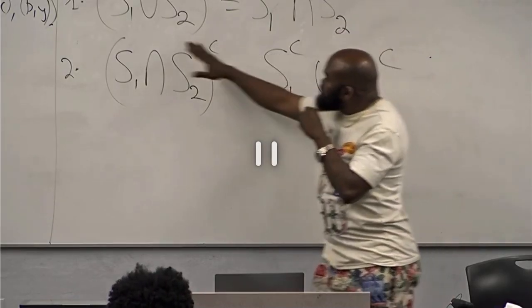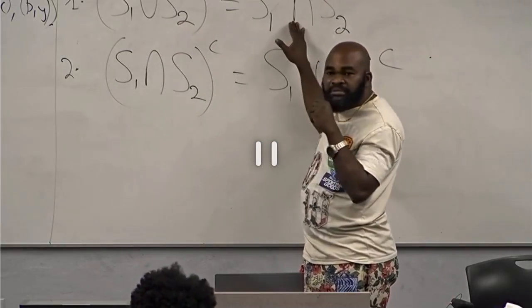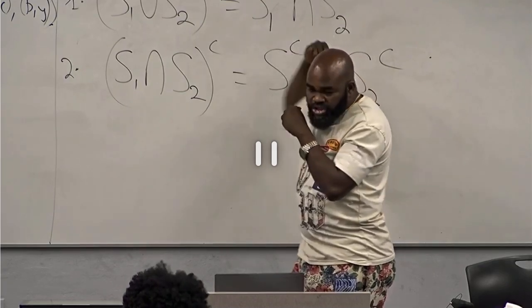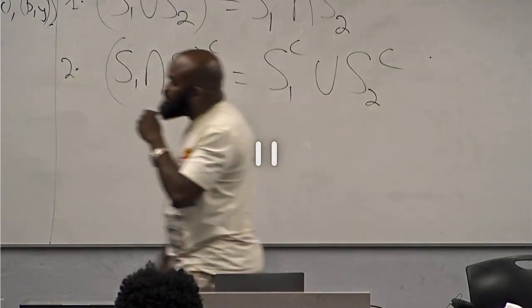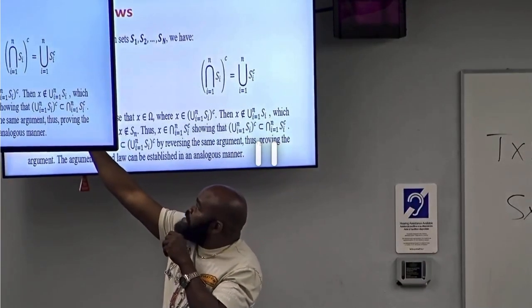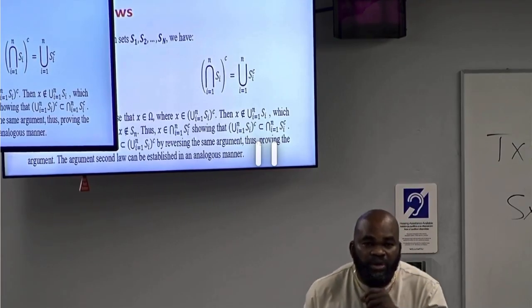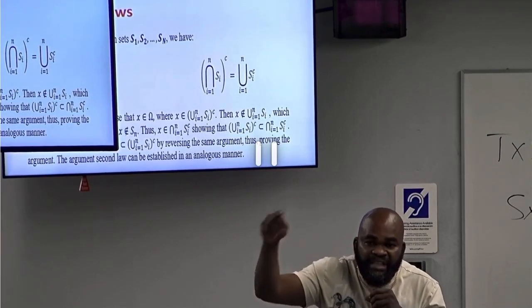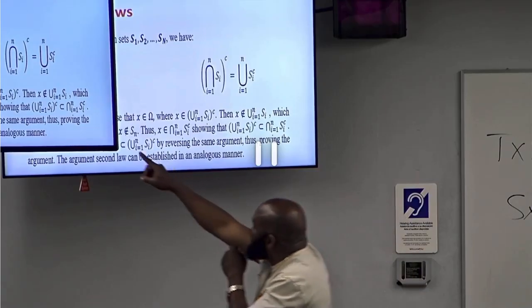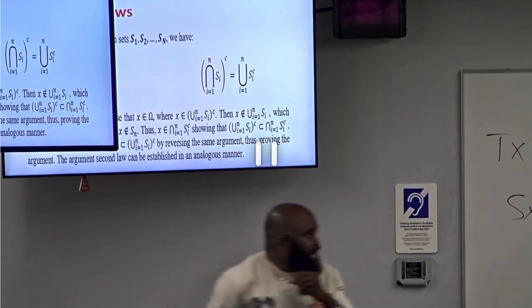Now, this is for a two event situation. Definitely for so many event situations, I'm actually going to talk about this guy. You know what this guy means, right? X1 union X2 union X3 until you get to Xn, the complement of that. So this guy here is a generalization of this guy.